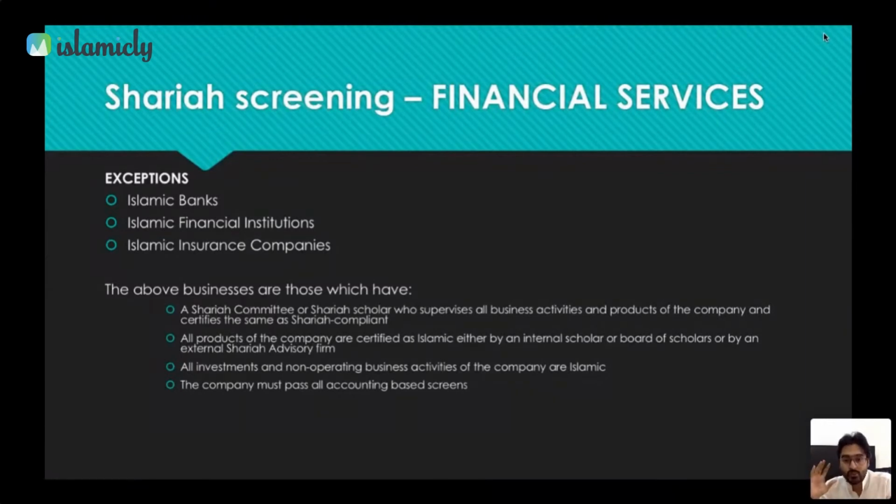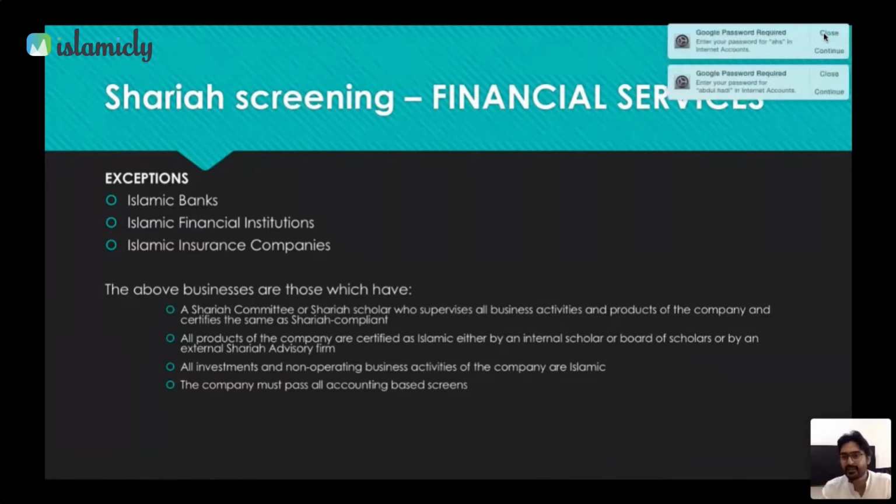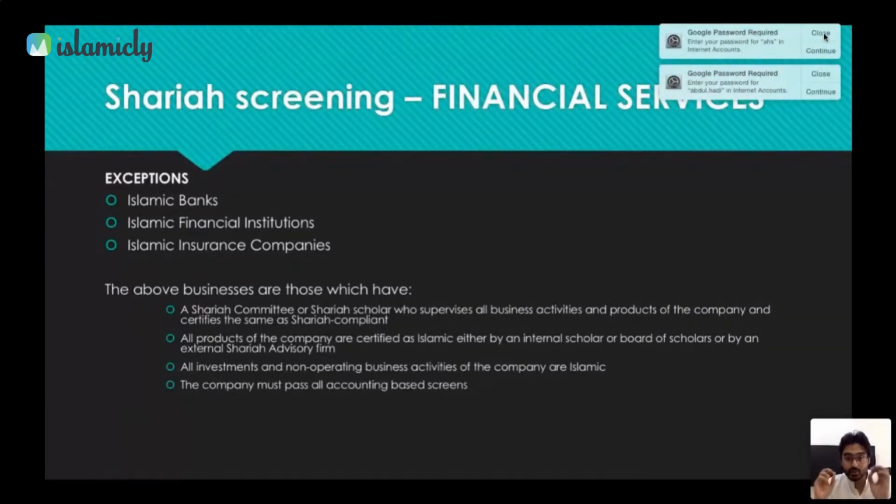Thirdly, all of its investment as well as non-operating activities of the company should be Islamic. Over here, the Sharia committee is very strict that if you want to qualify as an Islamic financial institution, not only are we looking at absolutely 100% of all your business activities to be Sharia compliant, even your non-operating side activities of the company should also be Sharia compliant.